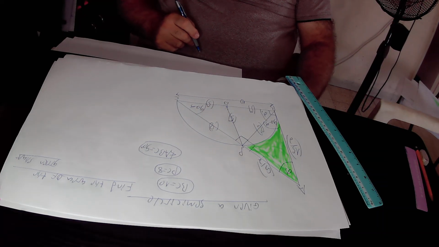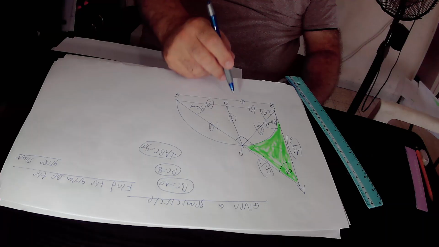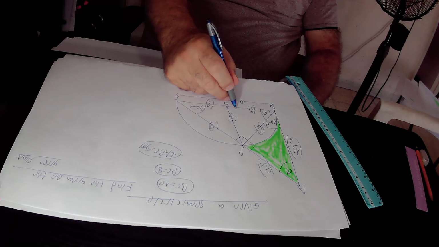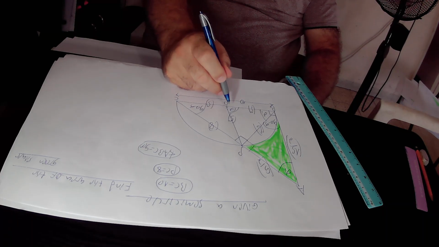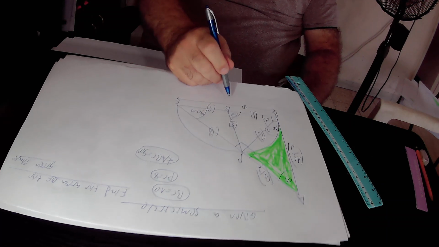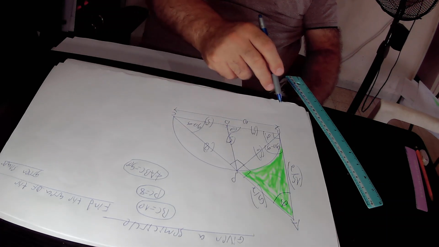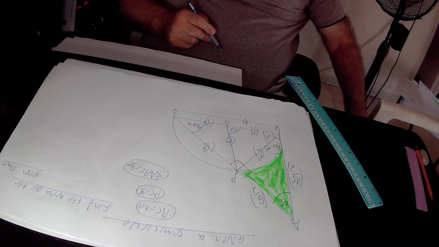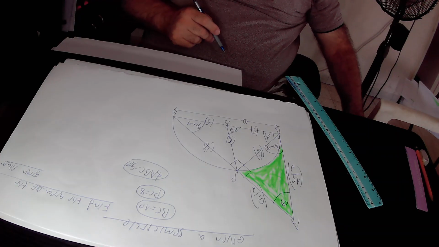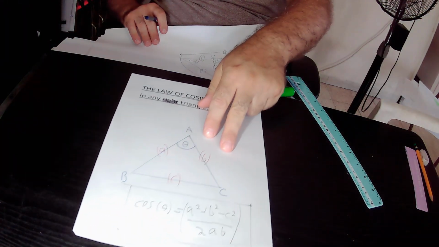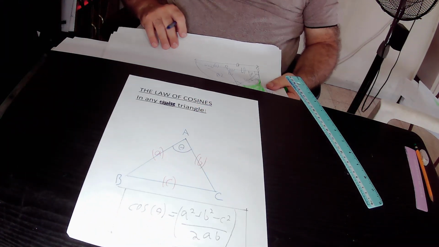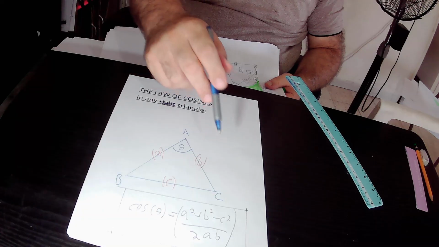In the next step, we define angle POB, this angle is theta, and we will implement the law of cosines in this triangle, triangle POB. The law of cosines is true in any triangle. This is triangle ABC that could be any triangle.